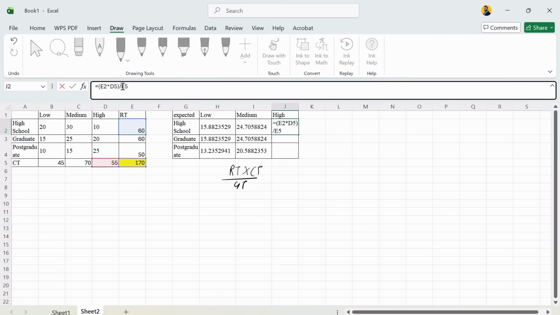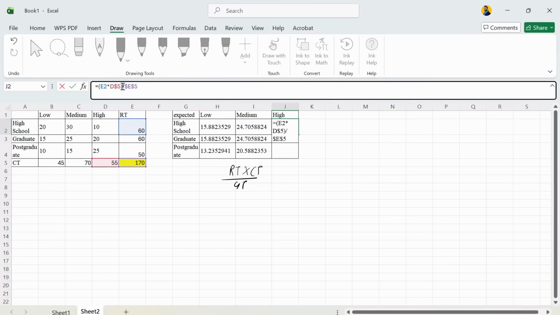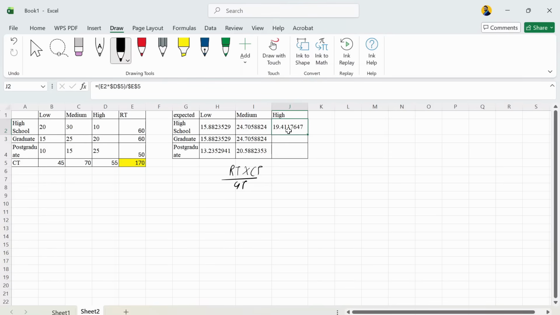Similarly, we will again make this grand total constant, and similarly the column total constant. Now enter, and again we will drag the same to find the other values. So this is our table number 2.